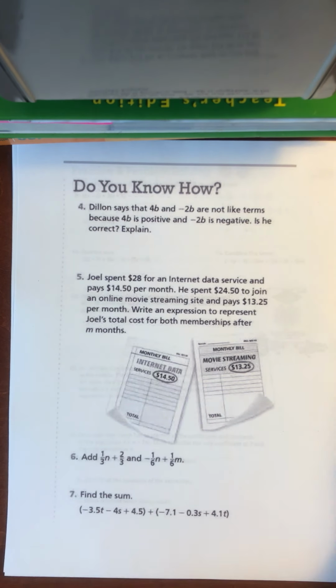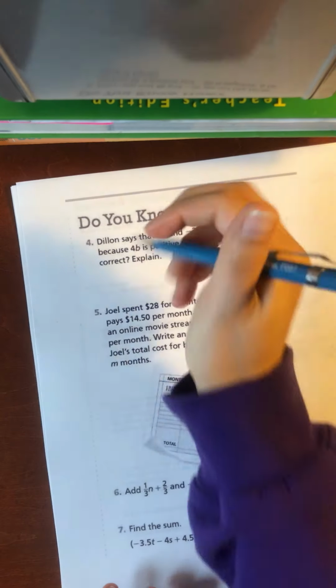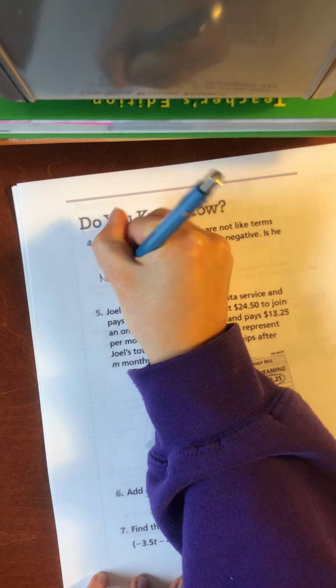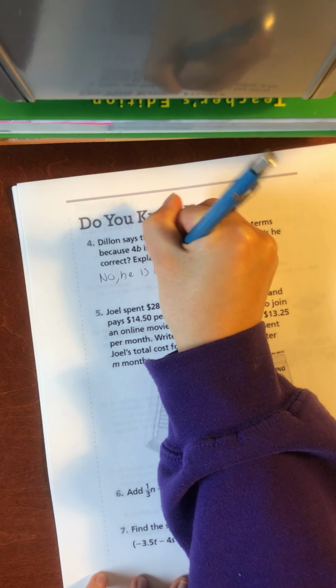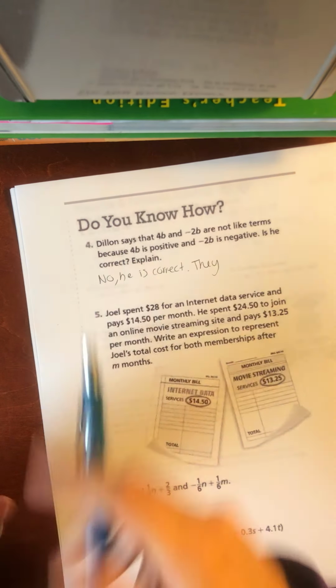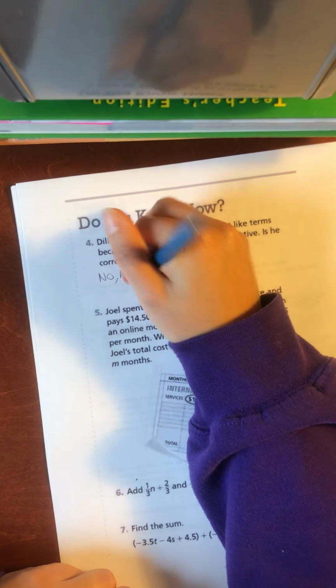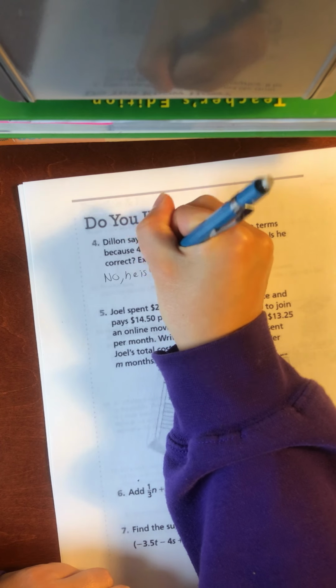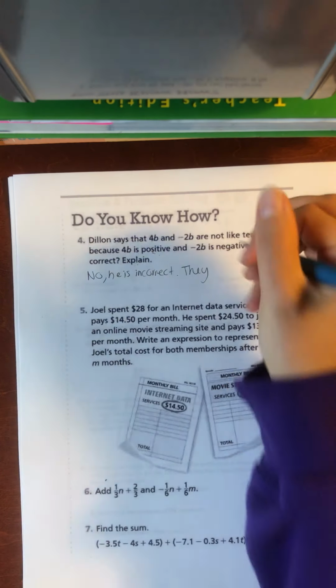Dylan says that 4b and -2b are not like terms because 4b is positive and -2b is negative. Is he correct? So, no, he is incorrect. I put, no, he is correct. That doesn't make sense. No, he is incorrect.